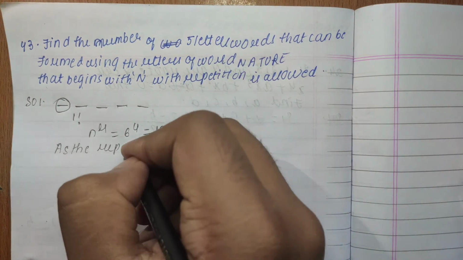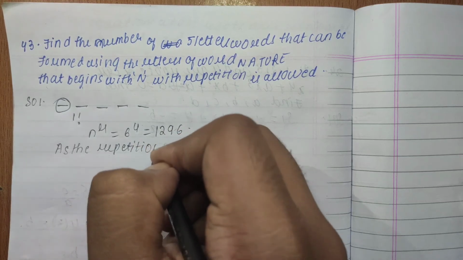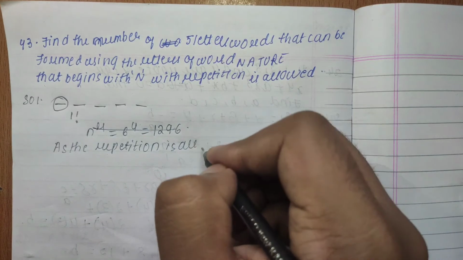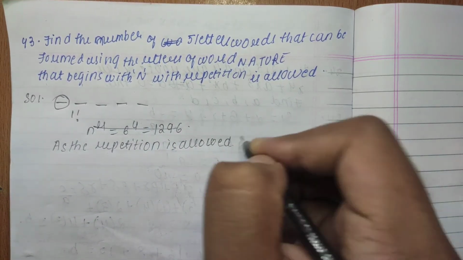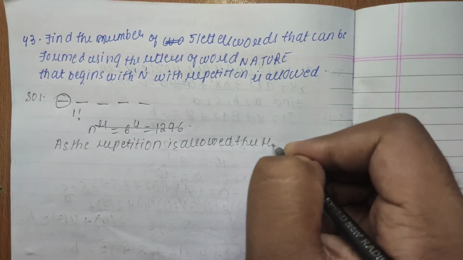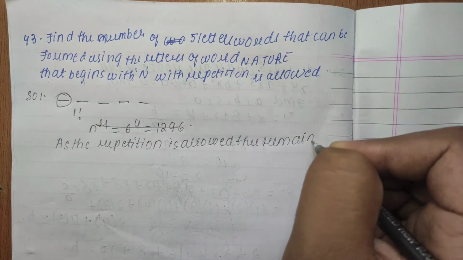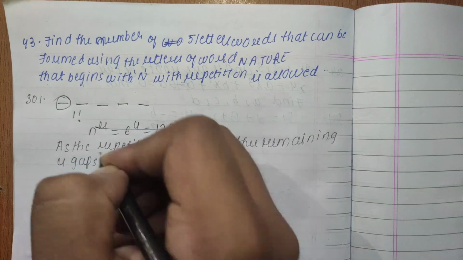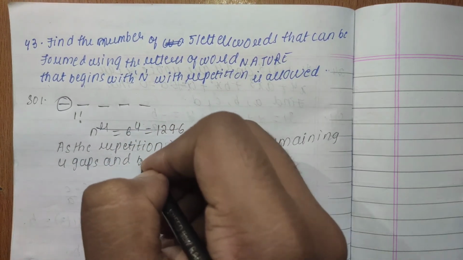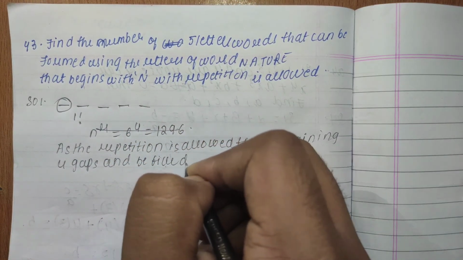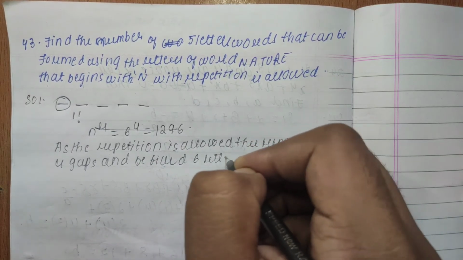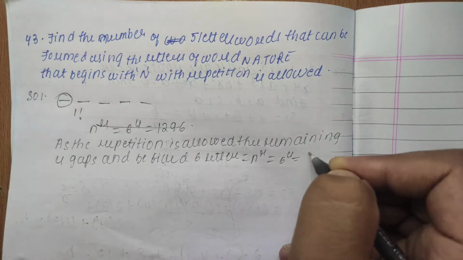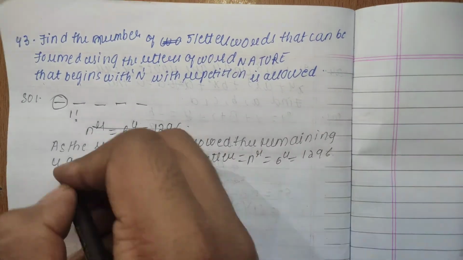So as the repetition is allowed, the remaining 4 gaps can be filled with 6 letters, which is 6 power 4, that is 1296.